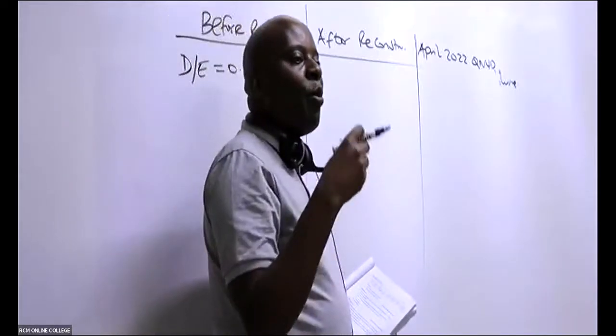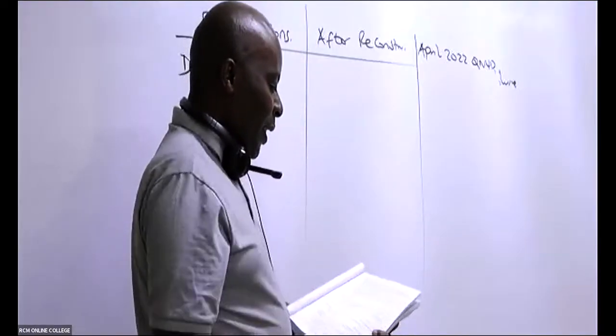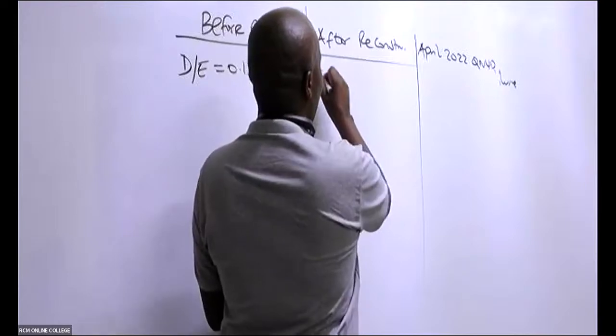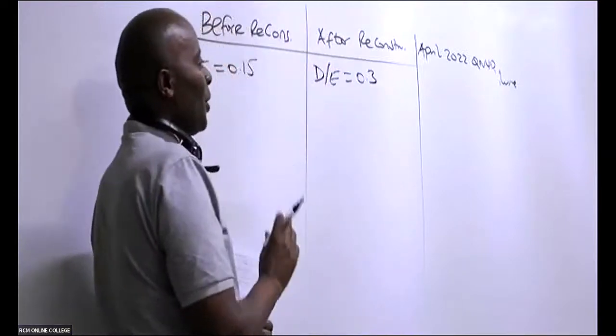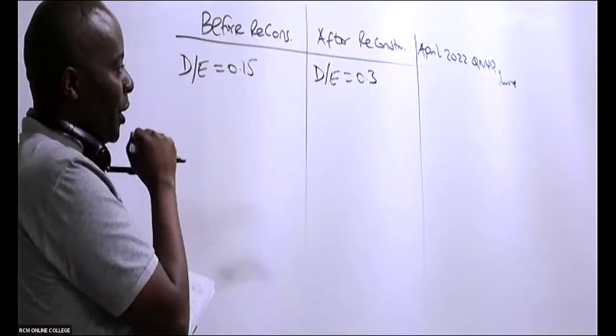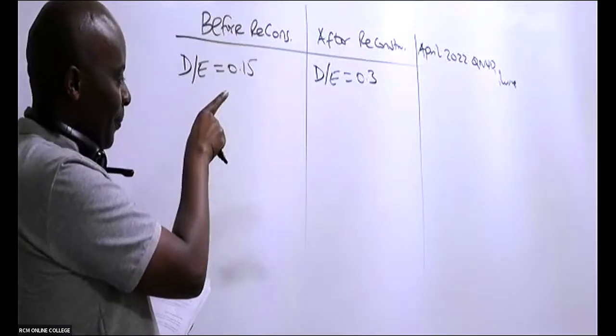And they intend to borrow more, because you can see the new debt to equity ratio is increasing from 0.15 to 0.3. So it's important for us to know this. The reconstruction is about taking more debt.